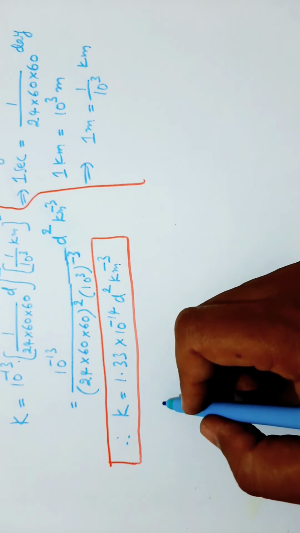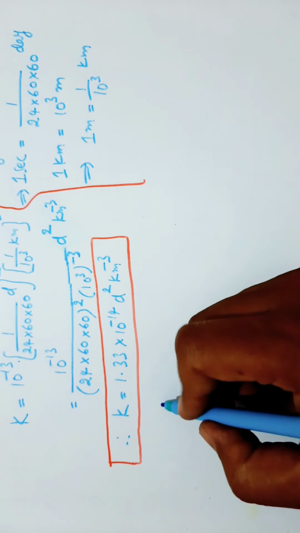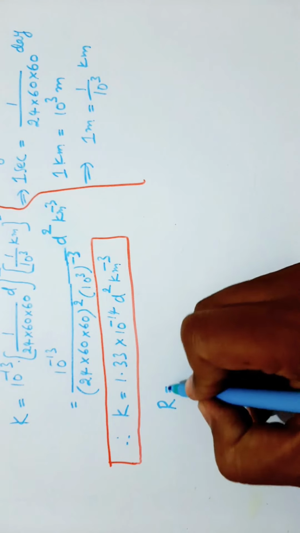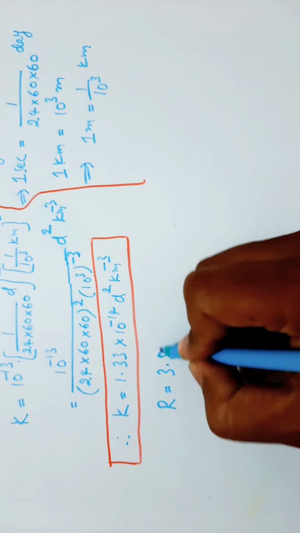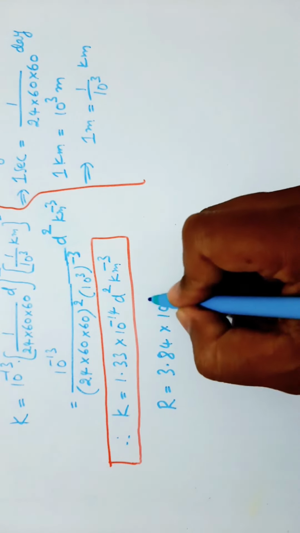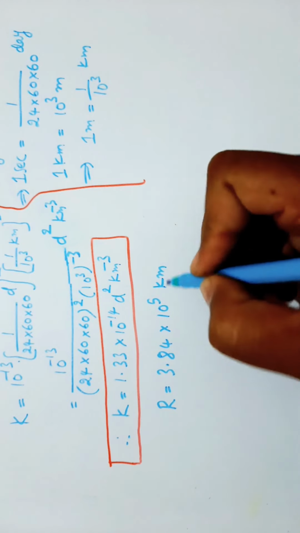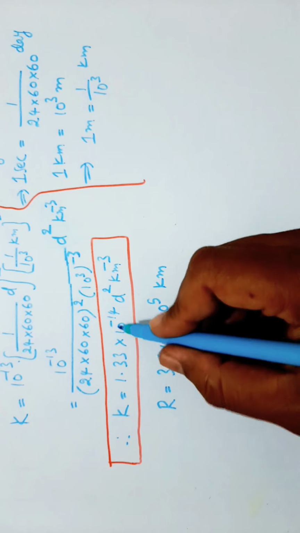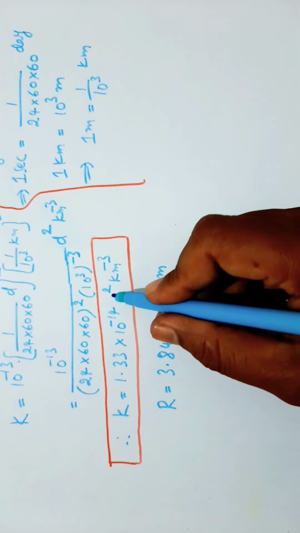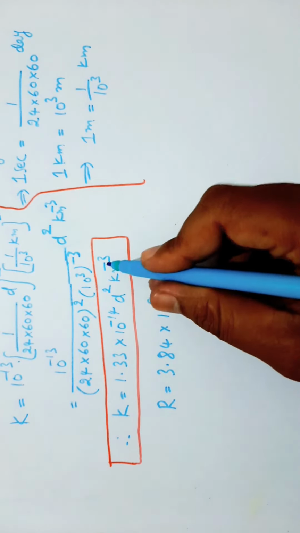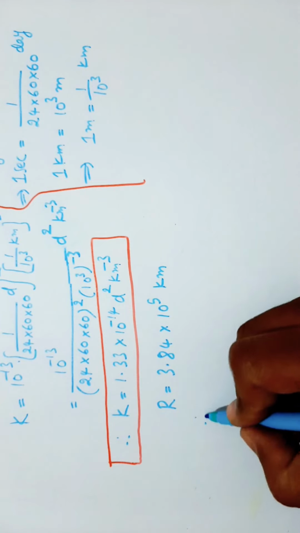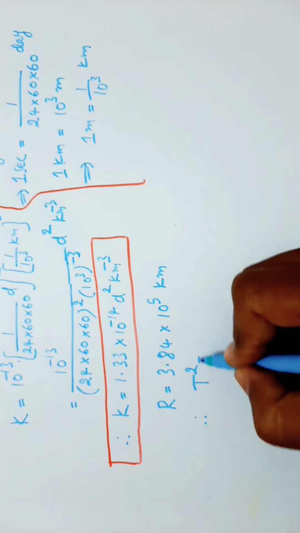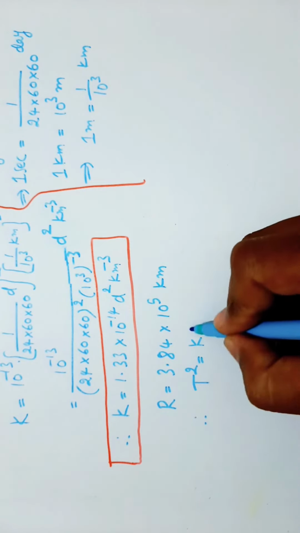Here the distance between moon to earth is given. So that is r is equal 3.84 into 10 to the power of 5 kilometer, and k is known value, that is 1.33 into 10 to the power of minus 14 day square per kilometer cube. So here we know T square is equal k r cube.